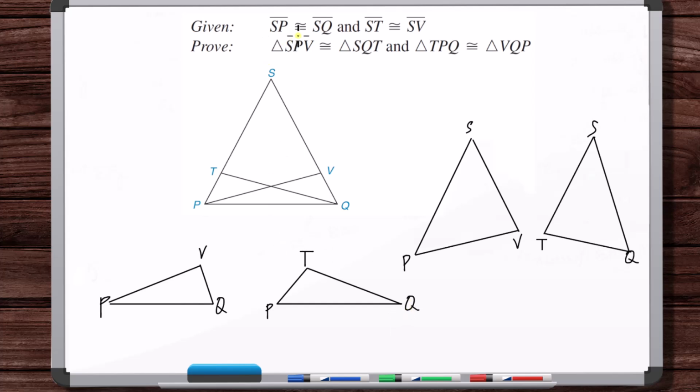Okay, so SP is congruent to SQ. ST is congruent to SV. All right, that's all they give us.